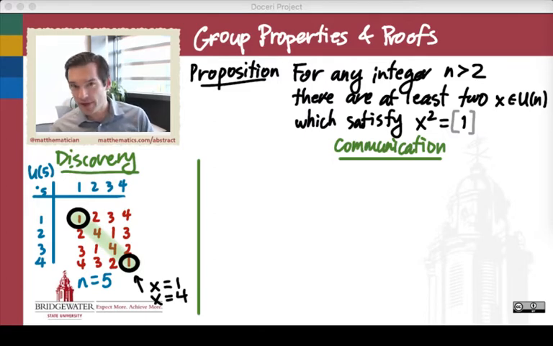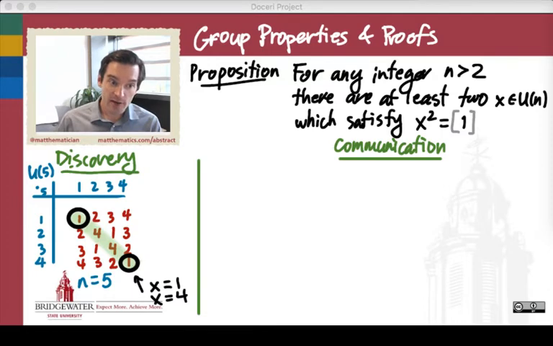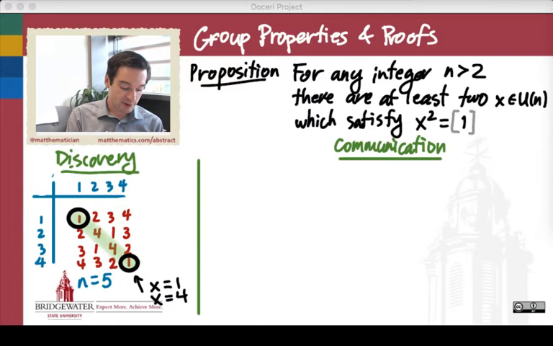But just having this one example is probably not enough for me to understand what the underlying algebraic principle is that's going to make this true. So maybe my next step is to do a second example. What if instead of 5, we did 7? Or maybe not 7, because I don't want to do one that's prime. 6 is too small.